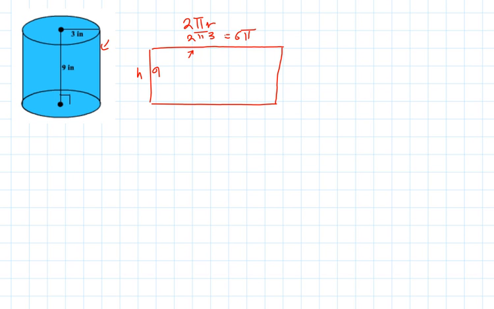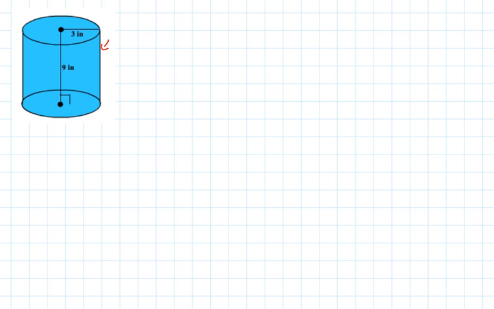However, the area would be 2 pi r, or 6 pi, times 9, so 2 pi r times h. Just to make life easier, every time you see a cylinder, the surface area for any cylinder is 2 pi r h, so that's the side, plus the areas of the top and the bottom, which are circles.